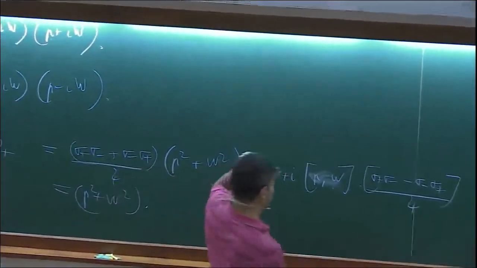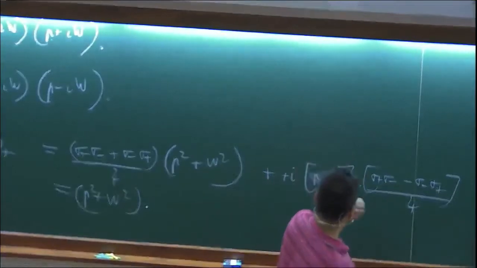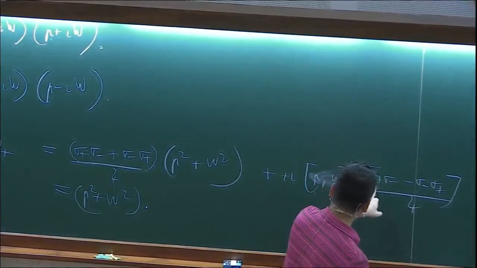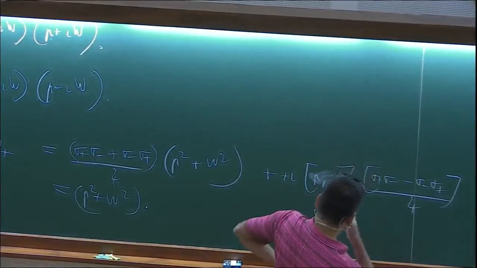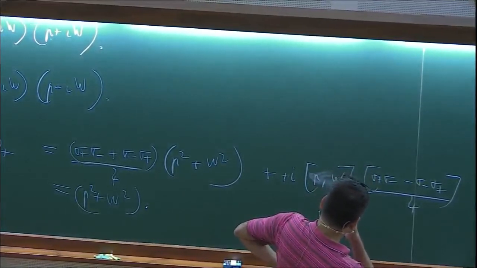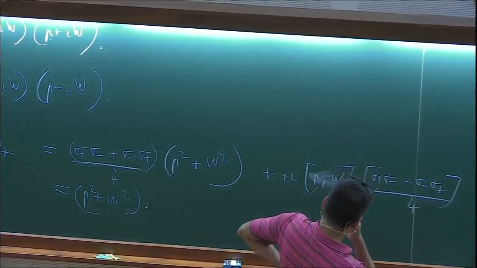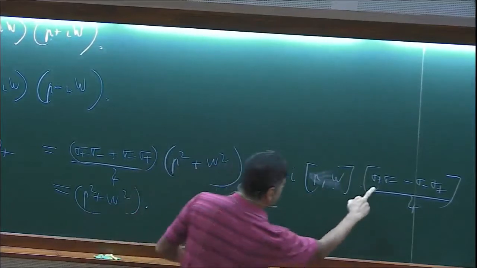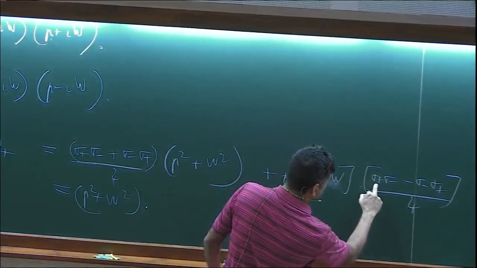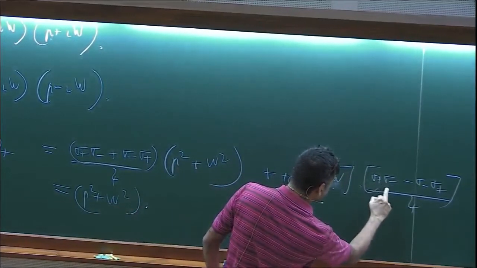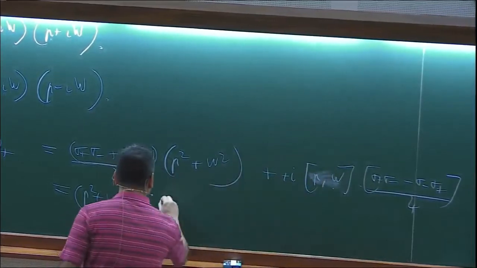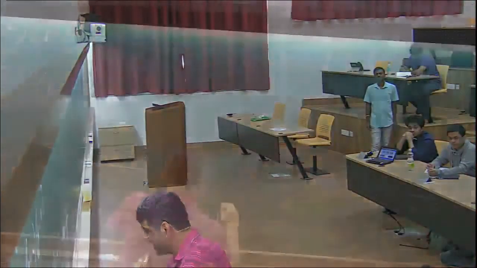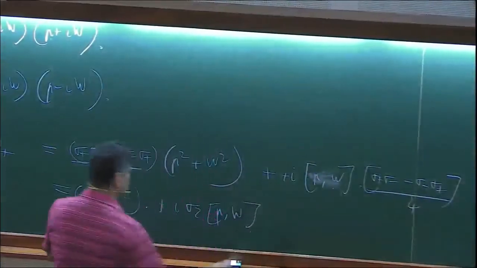On the other hand, the commutator gives us plus i times sigma z in a P, W.